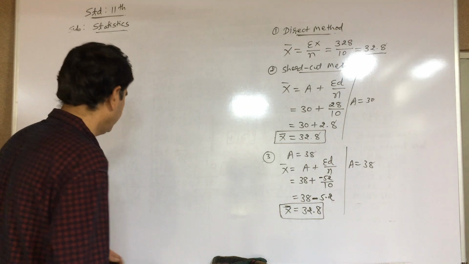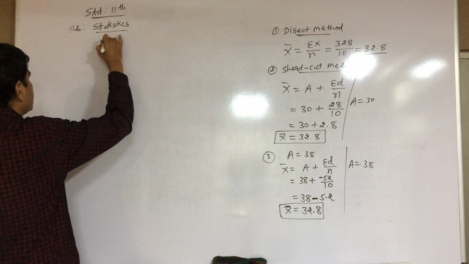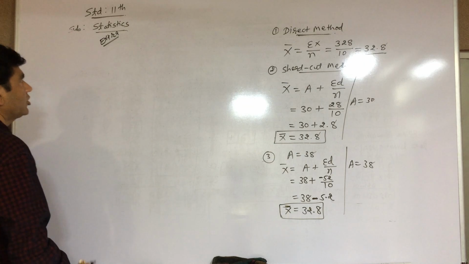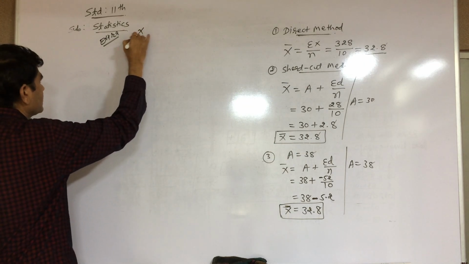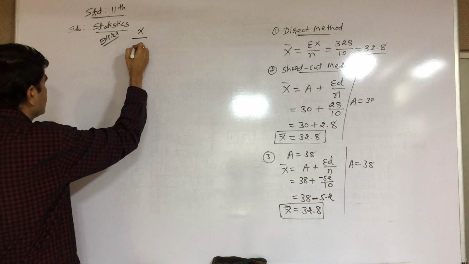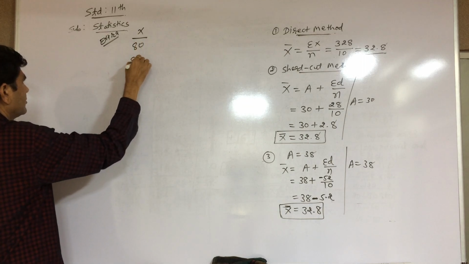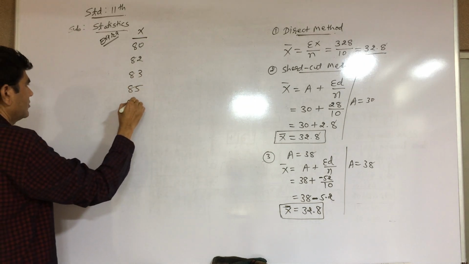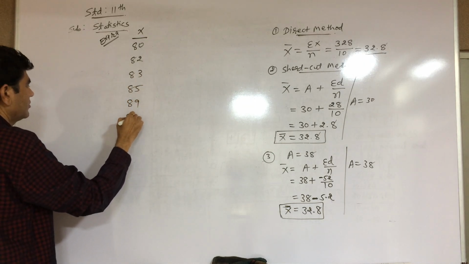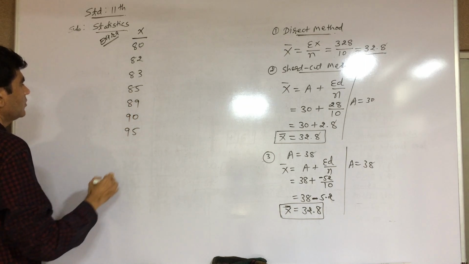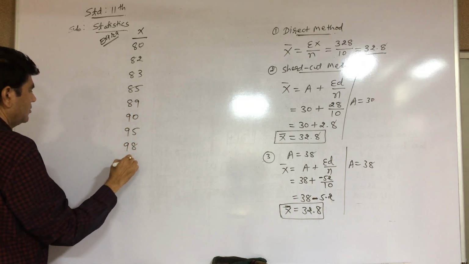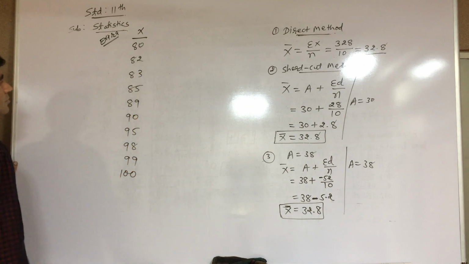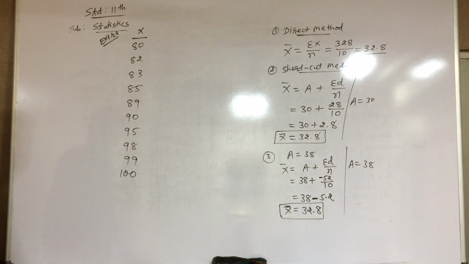Find out arithmetic mean by using direct method and shortcut method. Okay, this is the next example.